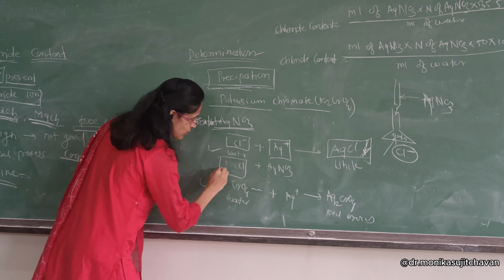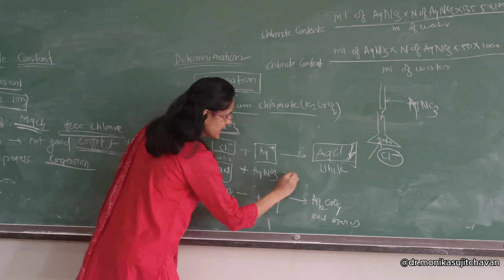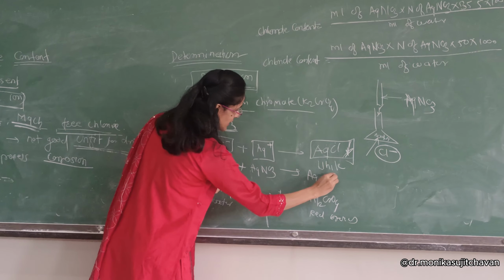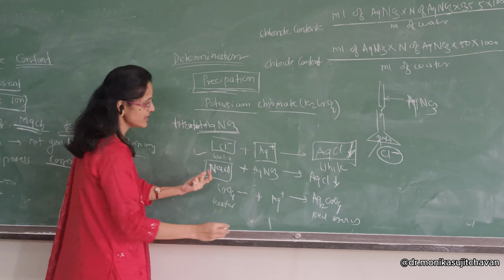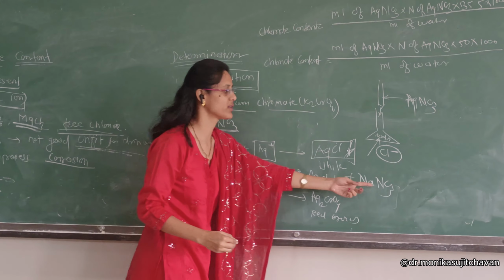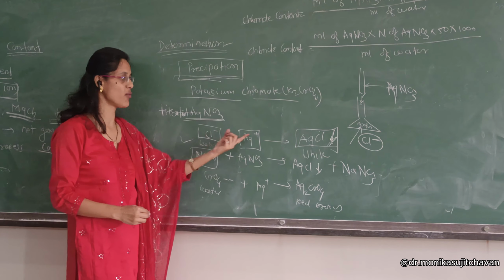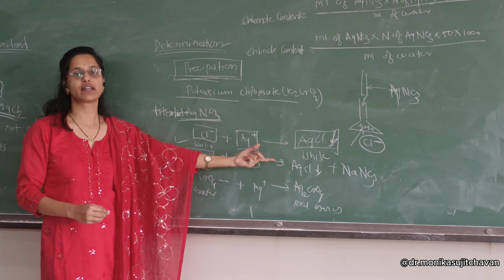You can consider the salt form: NaCl, if combined with AgNO3, will form AgCl precipitate with byproduct NaNO3. This is the ionic form of the reaction, and this is the salt form.